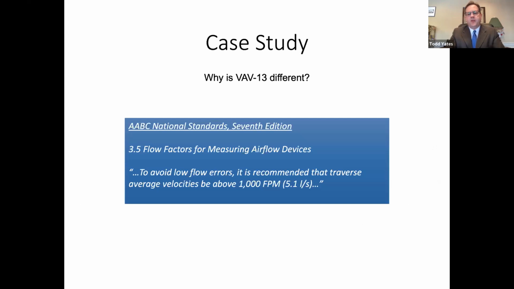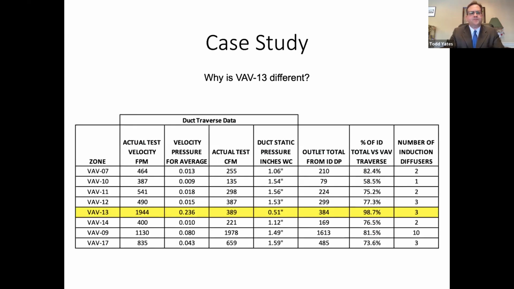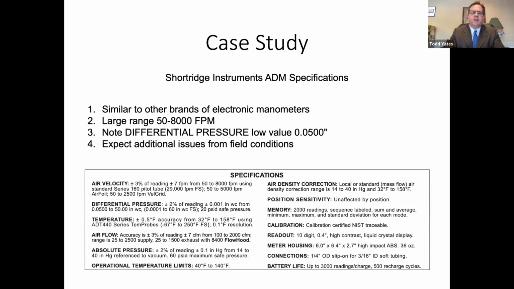So we went back and we started looking at that to see, is this really where it is? So we did some more testing, and we started looking at the instrumentation. We said, well, what might that tell us?